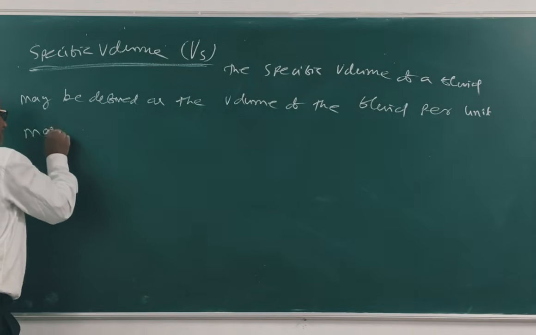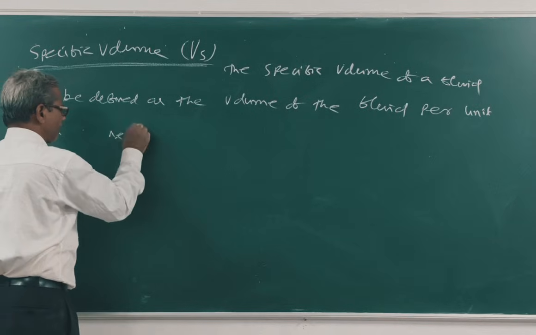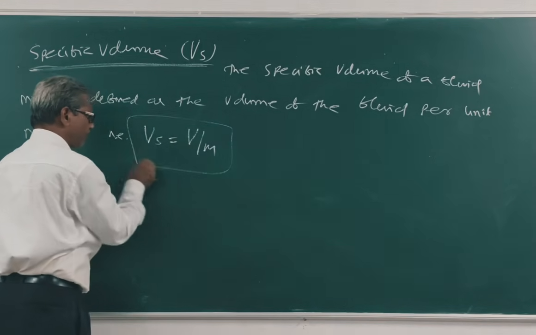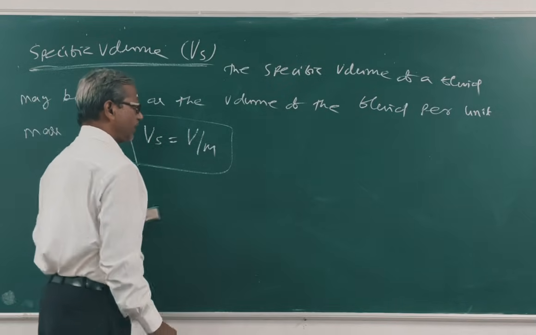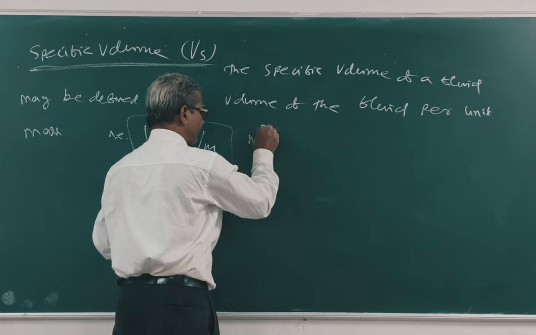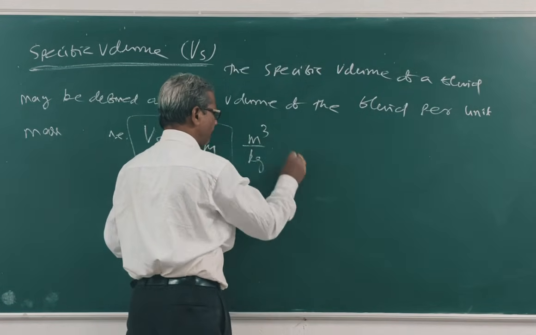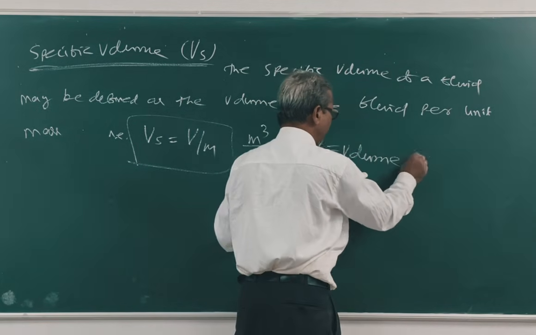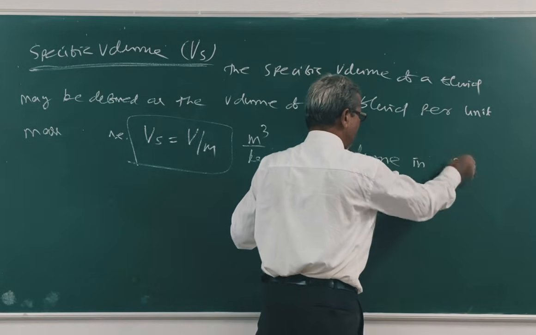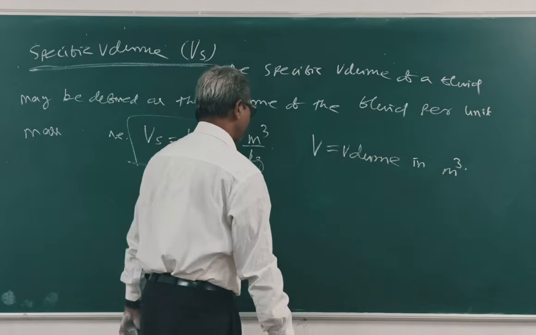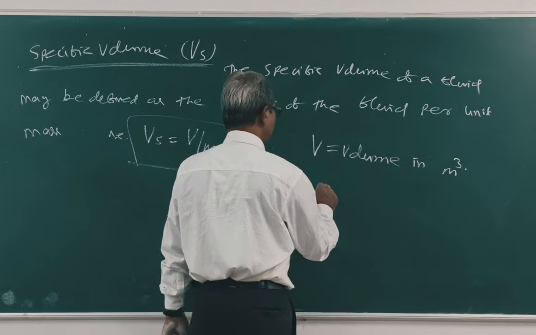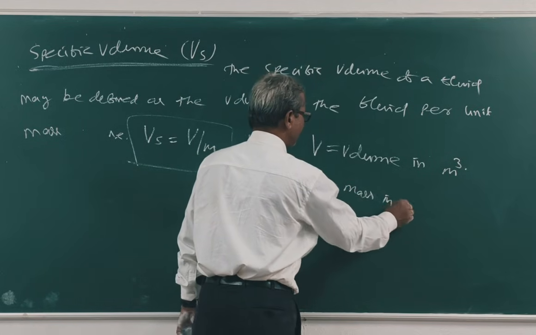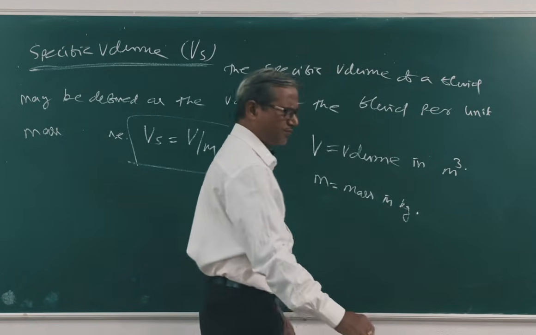That is, vs is equal to V by m. What is the unit? Volume meter cube per kg. Where V is volume in meter cube, m is mass in kg. Clear?